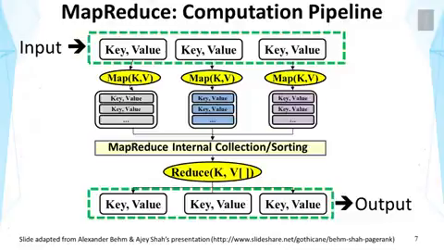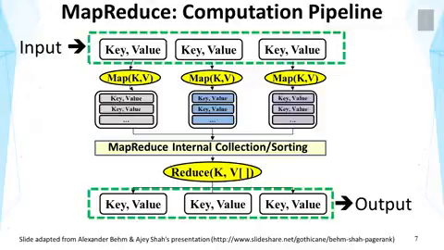The programmer would write the map function, of course, and then the map function would process this key value pair and would generate a number of other key value pairs. Of course, the new key is usually different from the old key that's given to the map as input. And these key value pairs are the output of the map function, and all the outputs of all the map functions will be then collected.